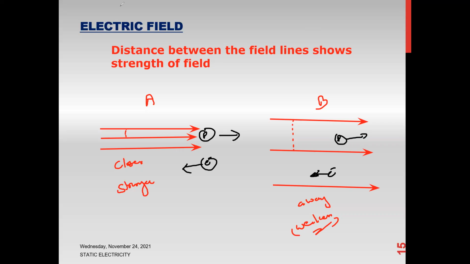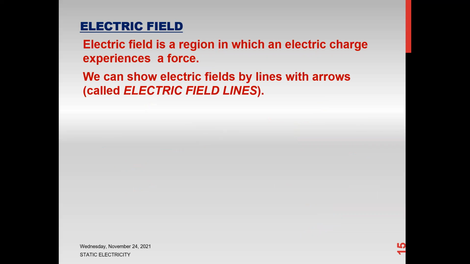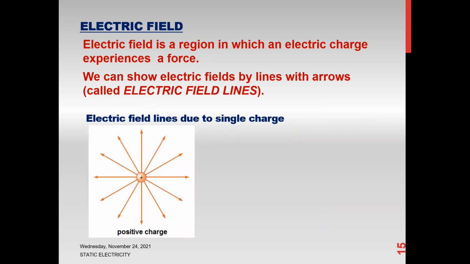So if we want to draw the electric field pattern, you have to learn these patterns. The electric field is a region in which the electric charges experience force, and the direction of the field is always the direction of the force experienced by a positive charge. So for a field line due to a positive charge, you draw the arrow outward.